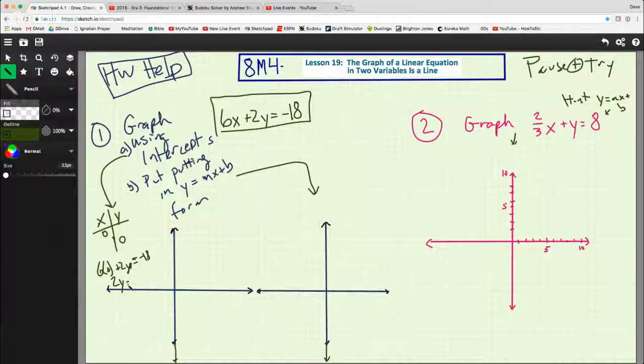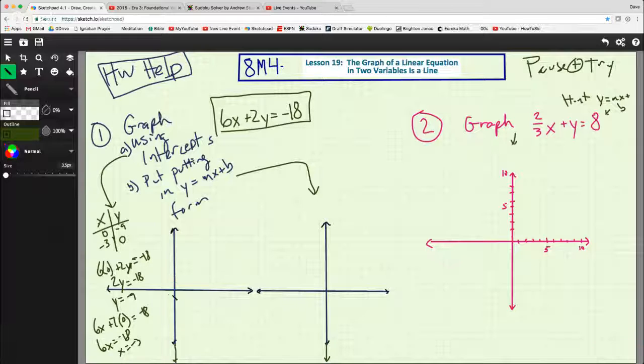So 2y equals negative 18. So y equals negative 9. So we have x is 0 and y is negative 9. Then when y is 0, we have 6x plus 2 times 0 equals negative 18. 6x equals negative 18. x equals negative 3.